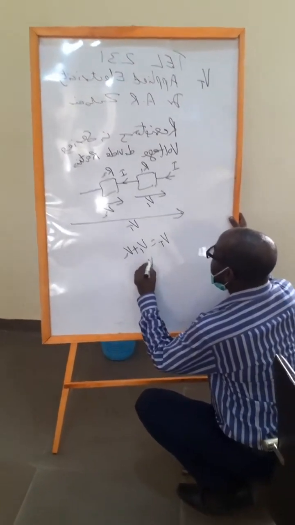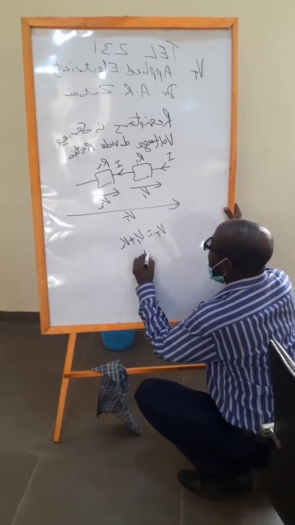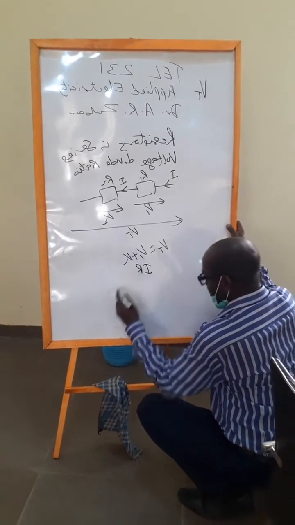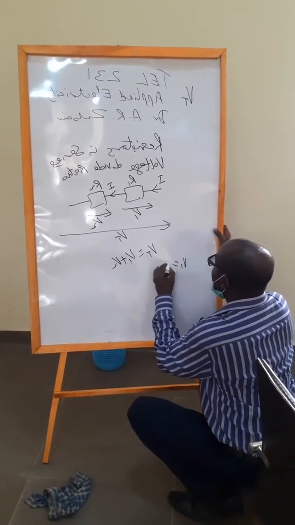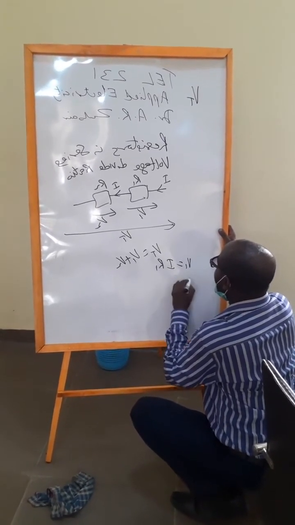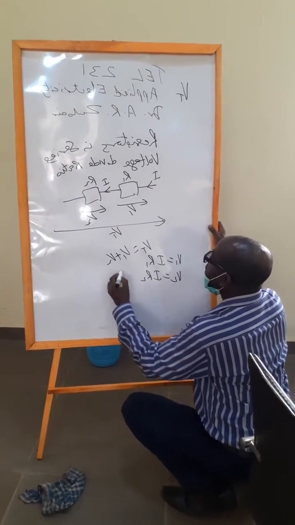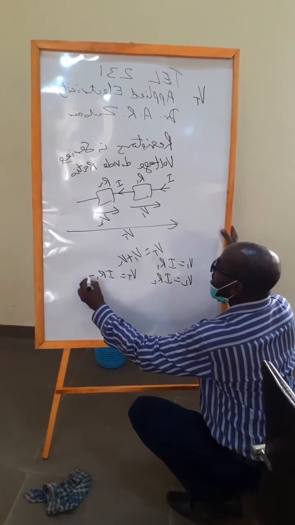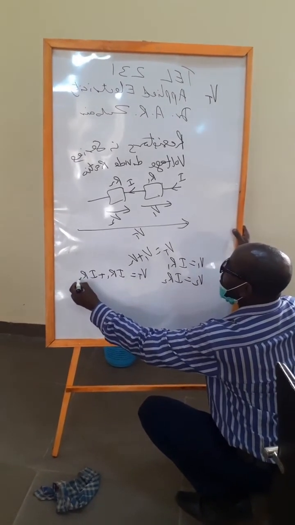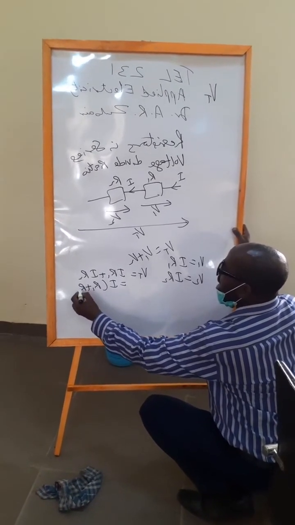So V1 is IR1. Sorry. V1 equals IR1. V2 equals IR2. So Vt will be equal to IR1 plus IR2, equals I times (R1 plus R2).